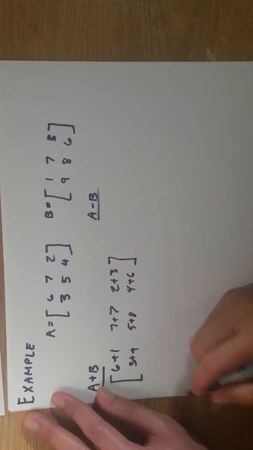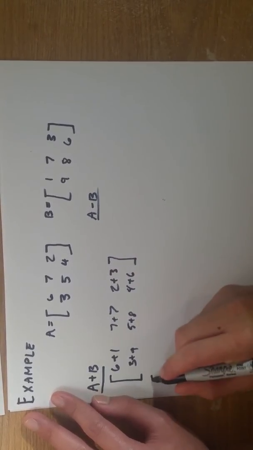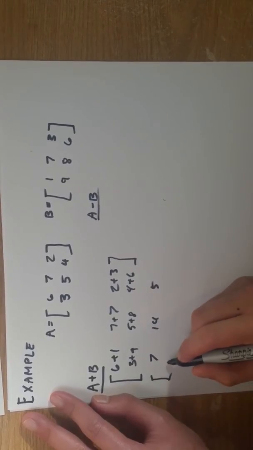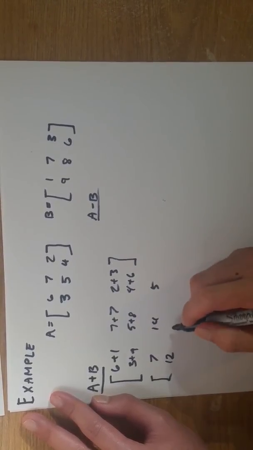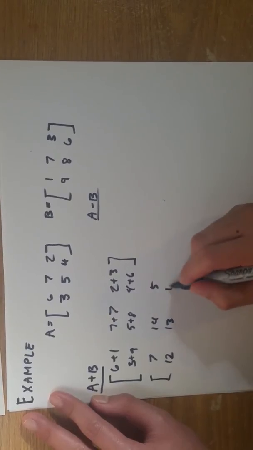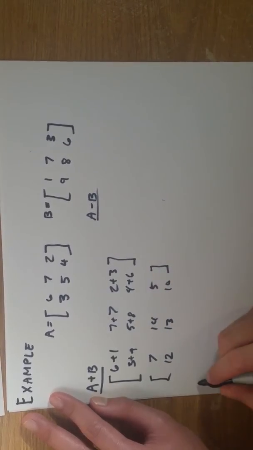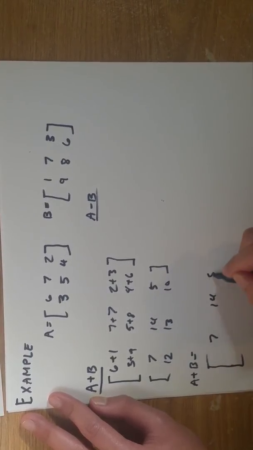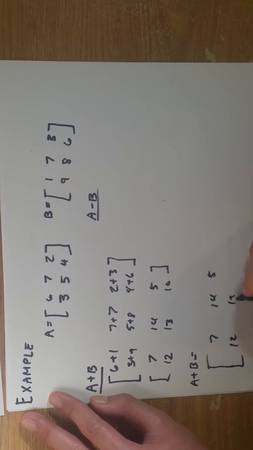Okay, then we just add them all together. So we got 7, 14, 5, 12, 13 and 10. And so basically A plus B is equal to 7, 14, 5, 12, 13, 10.